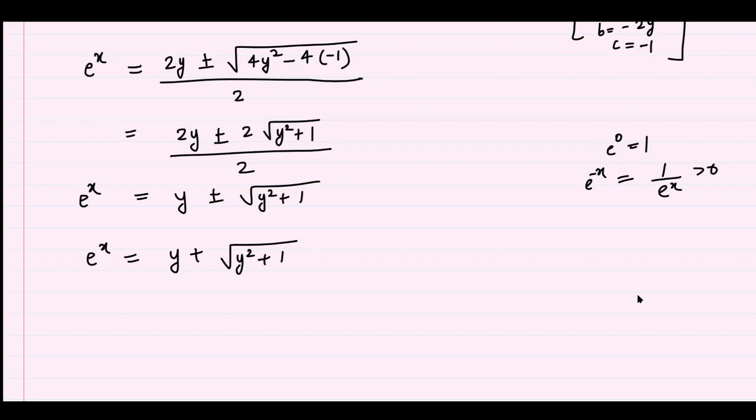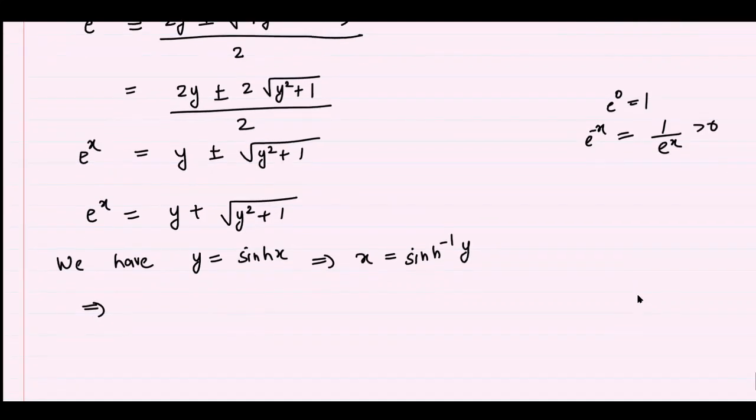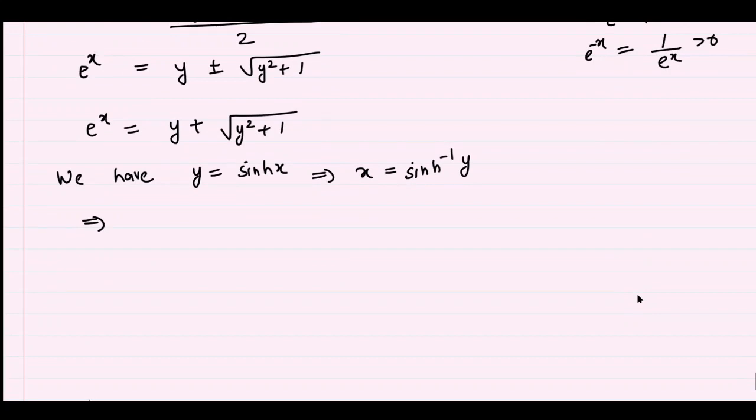Now we have taken that, in the beginning, y equal to sinh x. So from here, this implies x is equal to sinh inverse of y. So e raised to x equal to y plus root of y square plus 1. Now if we take natural logarithm on both sides, we will get x.